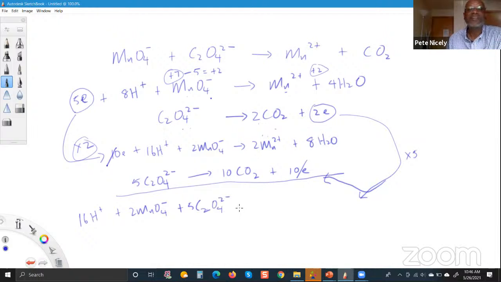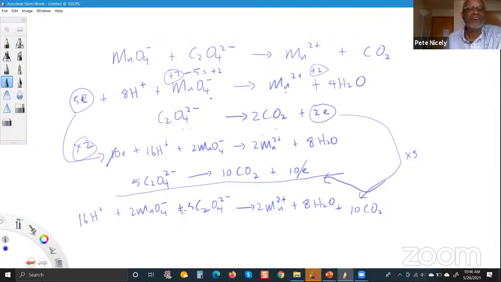So that takes care of the left side, and then on the right side, you're going to have 2 Mn2 plus, 8 H2O, plus 10 CO2, all right? And that should be the final answer, of course.